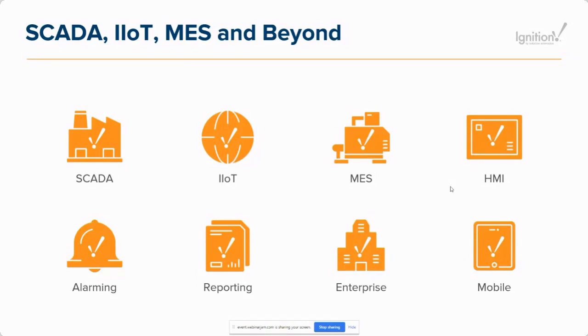But of course, you can build MES applications, IIoT applications, purely alarming solutions, reporting solutions, mobile solutions, and of course, we can go anywhere from a local HMI to a full enterprise solution and everywhere in between. As a development toolkit, you can really build anything. The sky's the limit.